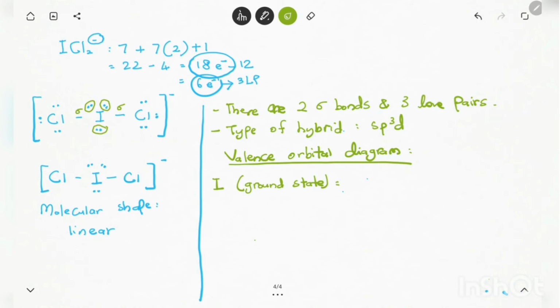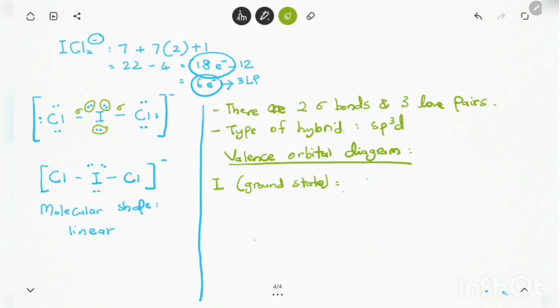You need to remember that if the question gives you an ion, either a cation or anion, we need to calculate the formal charge for each atom to make sure of the number of valence electrons.